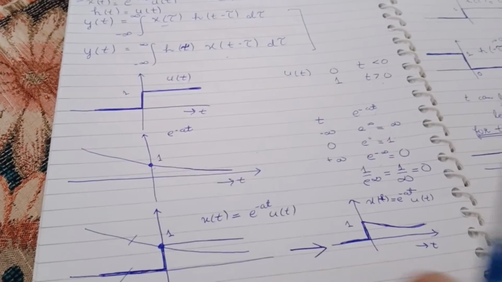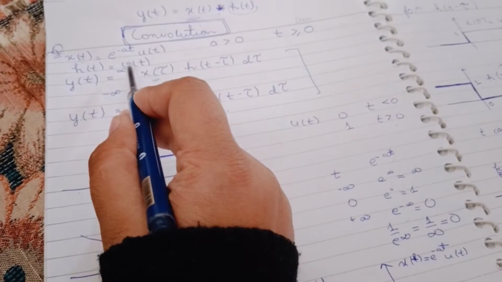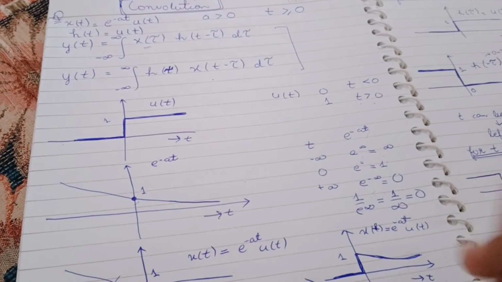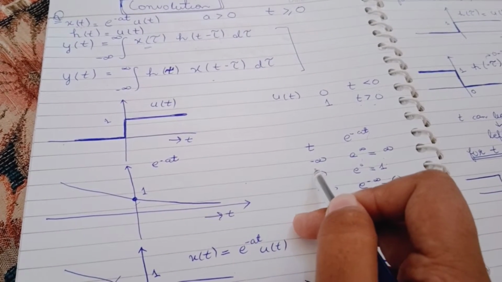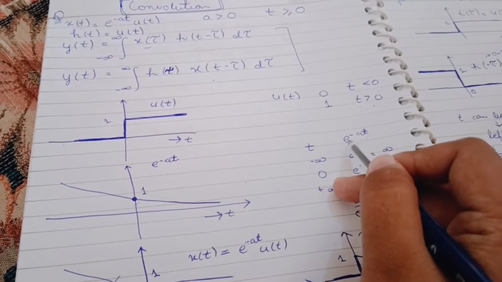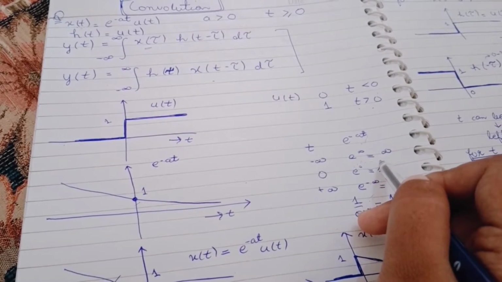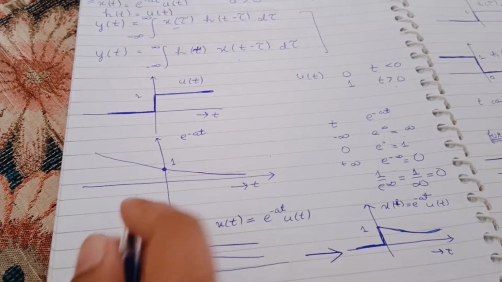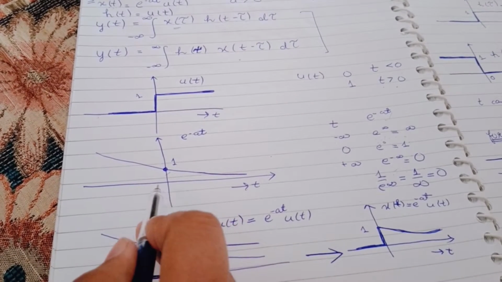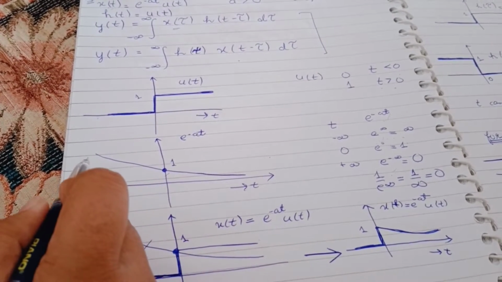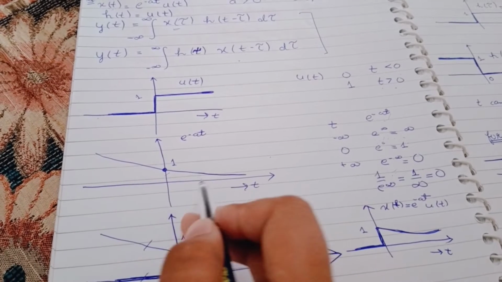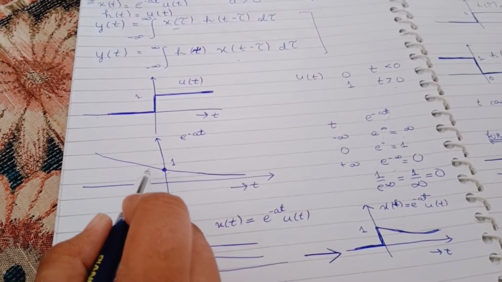In the same way, plot e^(-at). When t is minus infinity, it is e raised to the power infinity, because minus minus is plus, which equals infinity. So when t approaches minus infinity, on the left side, the answer will be infinity. That's why we have plotted it like that.